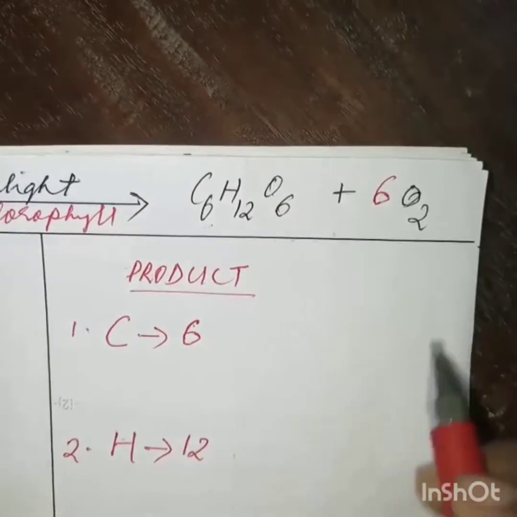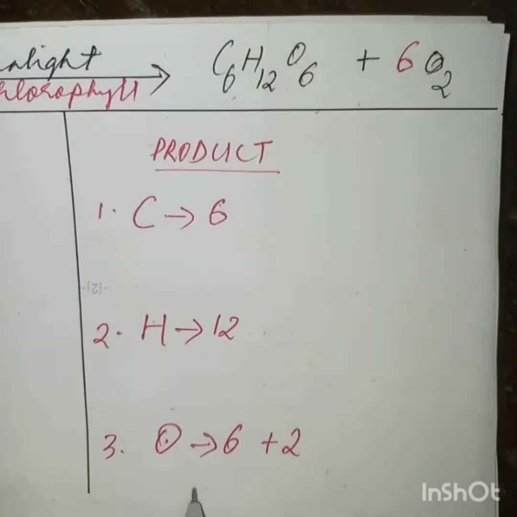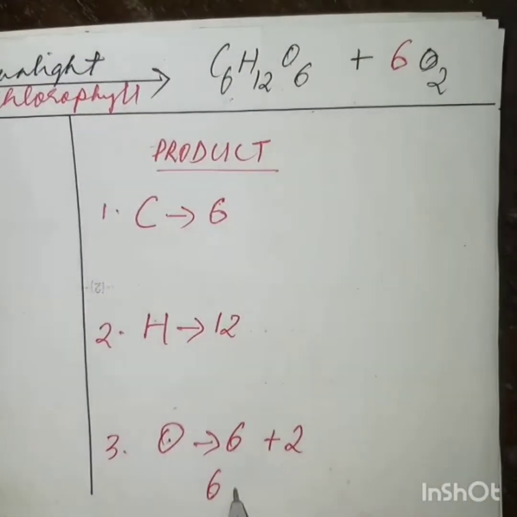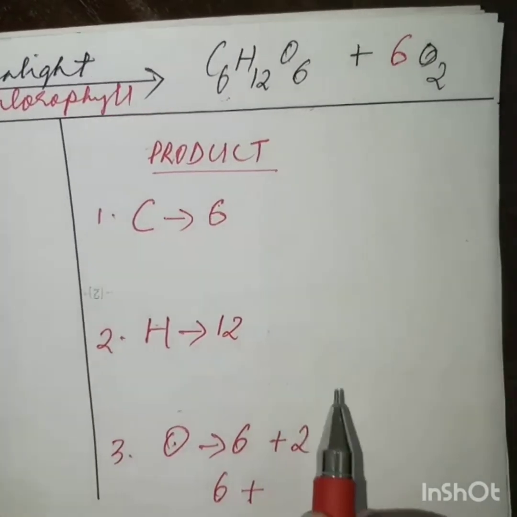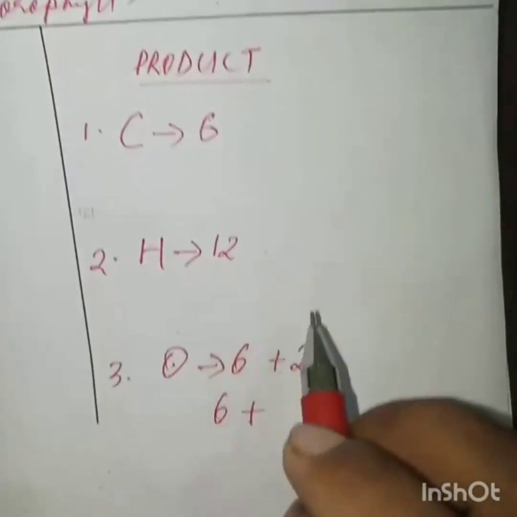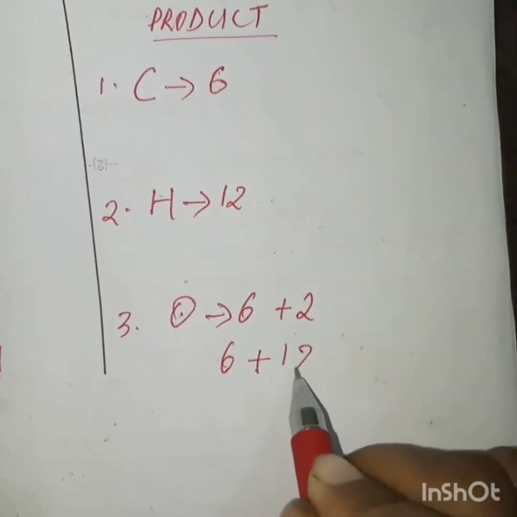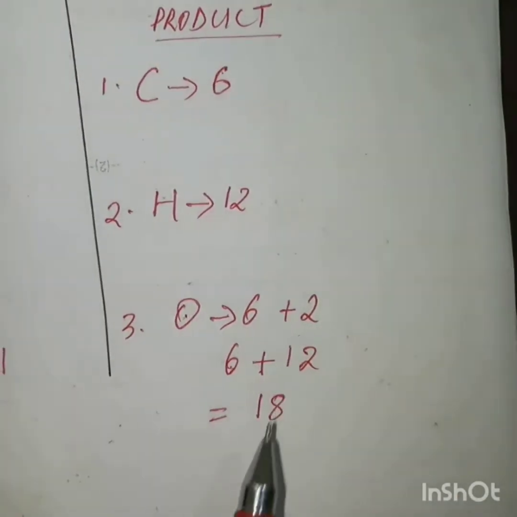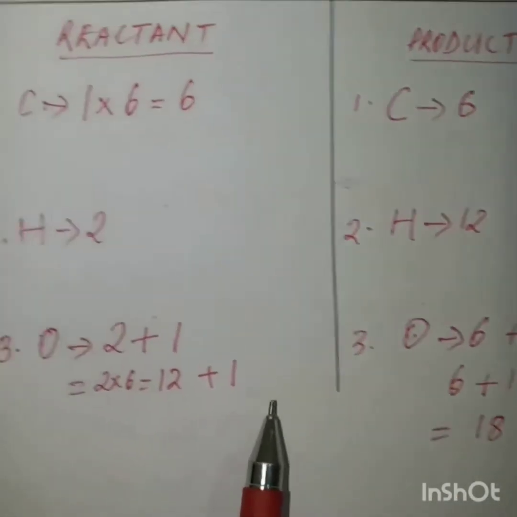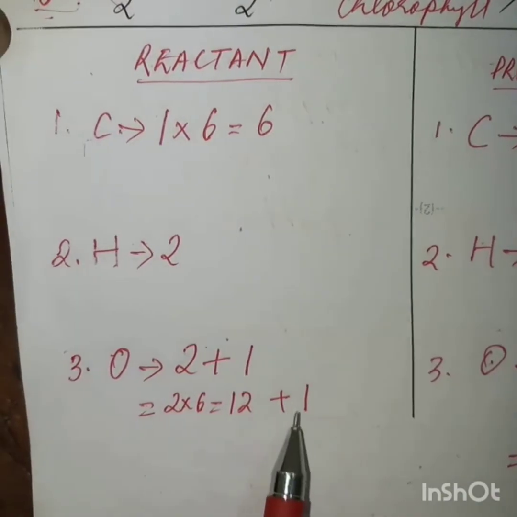Now see, 6, and then plus 2 into 6 is 12. So now if you add up, 6 plus 12 is 18. But towards the left side there are only 12, plus 1 is 13.